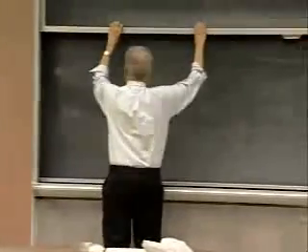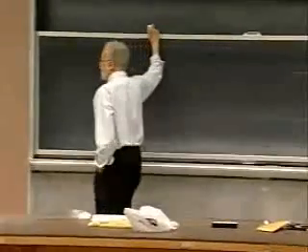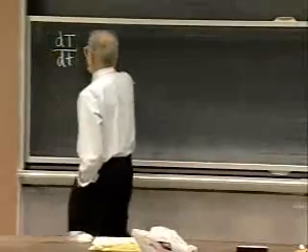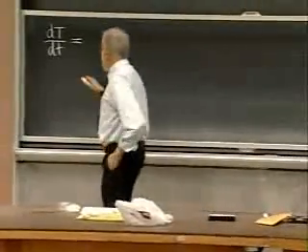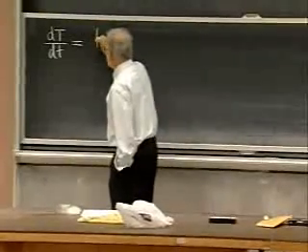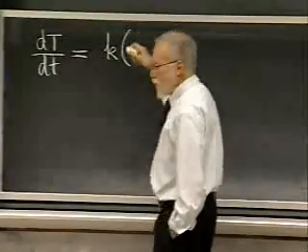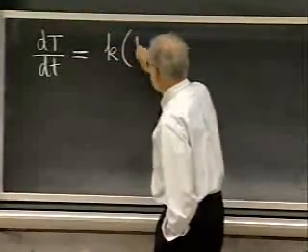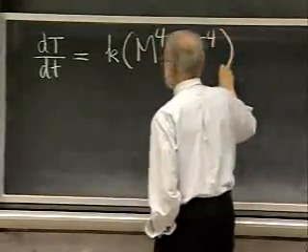It's a version of the cooling law which applies at very high temperatures. So it's like Newton's cooling law, except what's important is not the first power as in Newton's law, but the fourth power. So it's a constant, and the difference is now the external temperature, which, so there won't be so many capital T's in the equation, I'm going to call M, to the fourth power minus T to the fourth power.